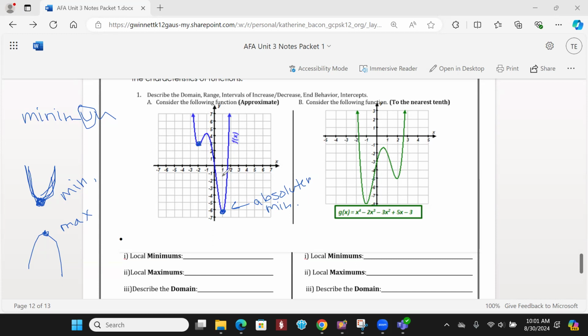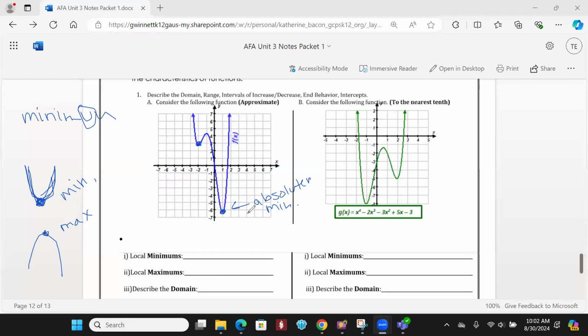Okay. So you're going to state the location. The local minimum is going to be (1, -6) and (-2, 3). Keep me on track because my eyesight on this is a little rough. I know it is a little skewed from the lines.